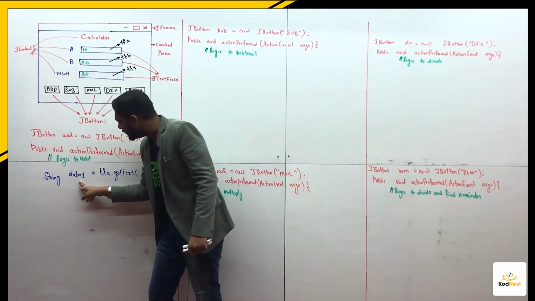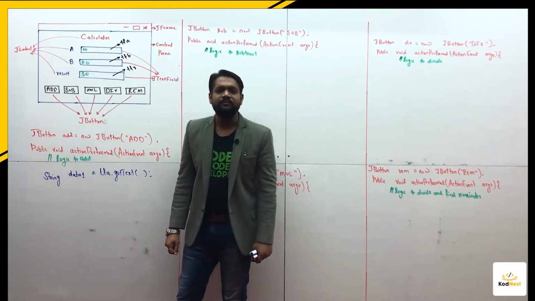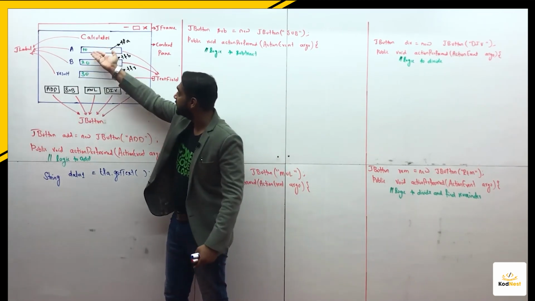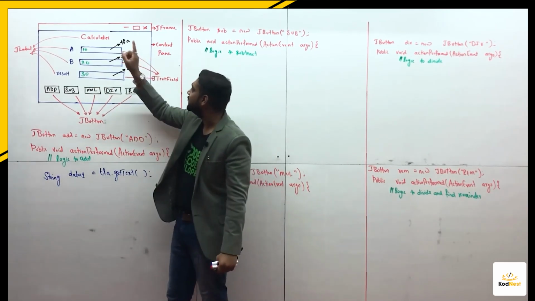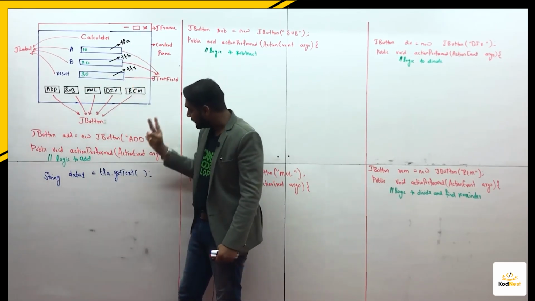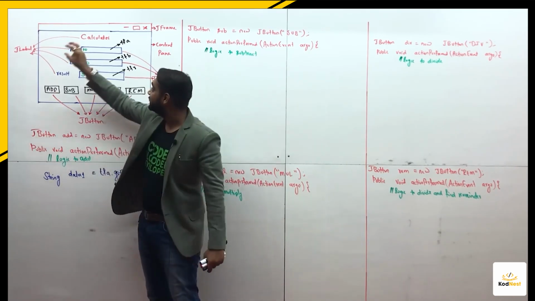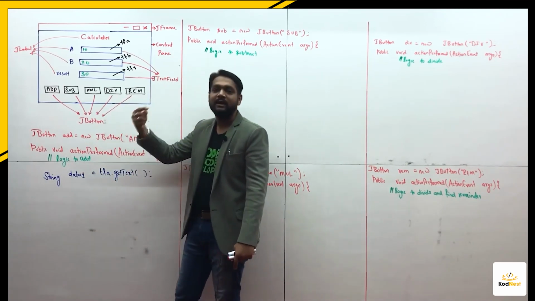You are storing it in data1, which is of string type sir. 10 is an integer, no sir. Forget about whether it is a number or an integer or a real number or boolean true or false. Whatever is entered in the text field, when you get it by using get text, it will be in the string format only. 10 you would get, but not in the integer format. In string format only, it will take and give you.